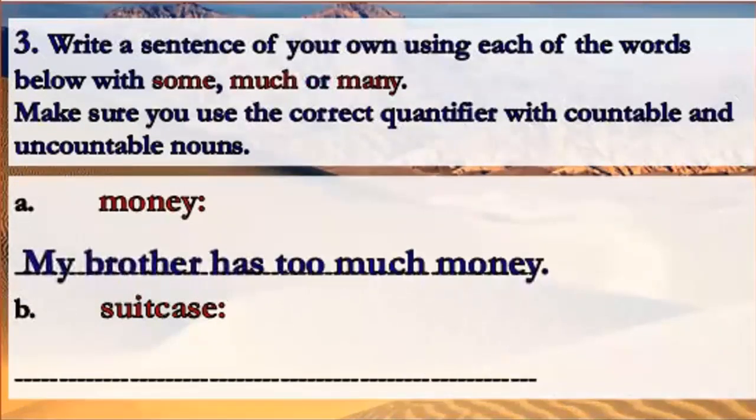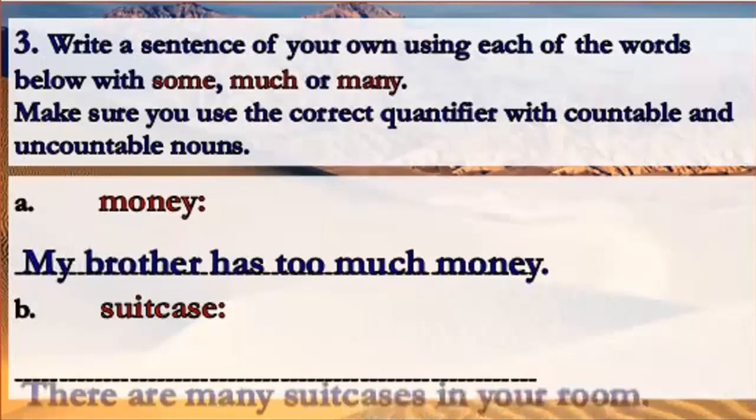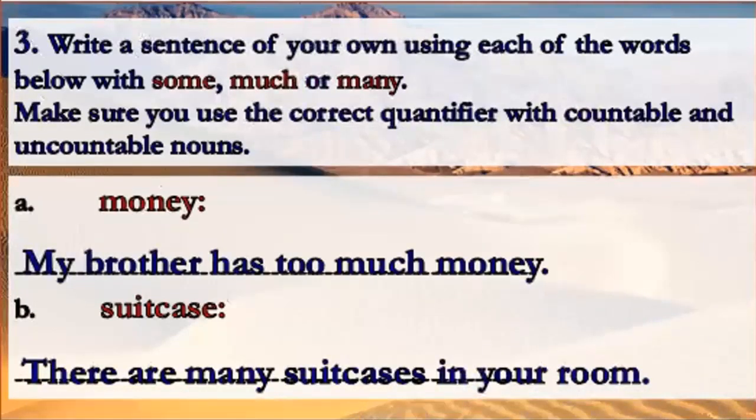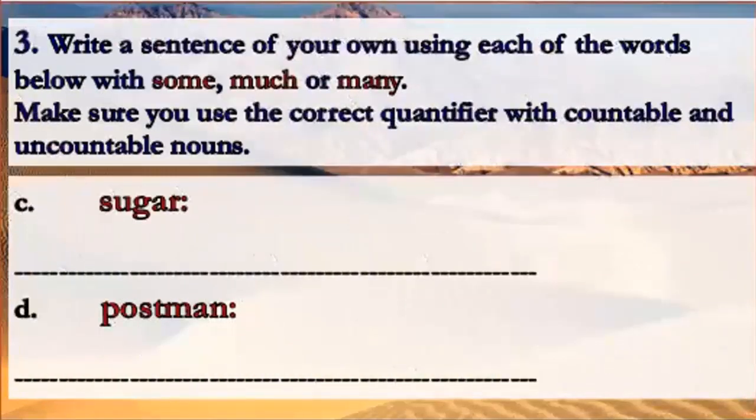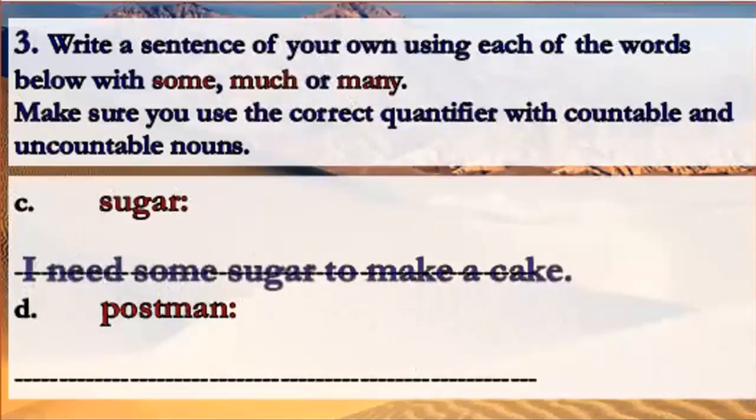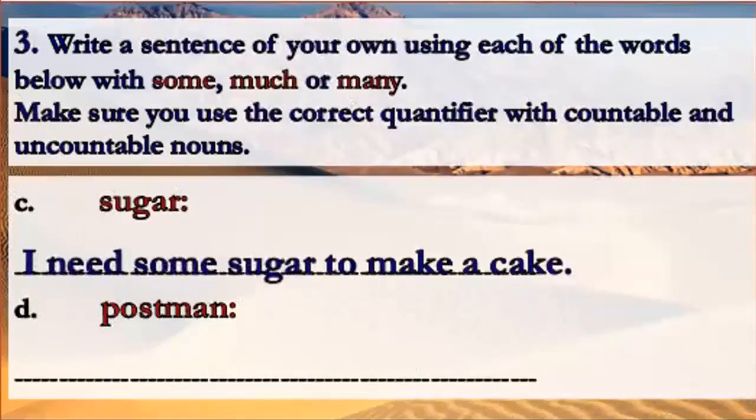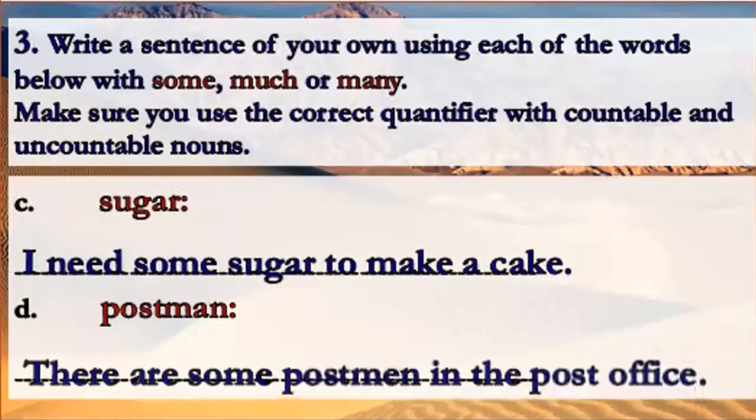My brother has too much money. Suitcase. There are many suitcases in your room. Sugar. I need some sugar to make a cake. Postman. There are some postmen in the post office.